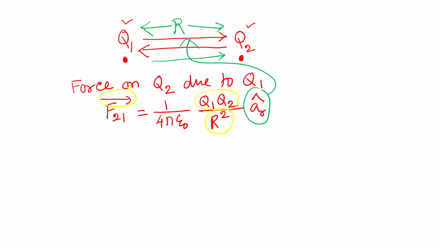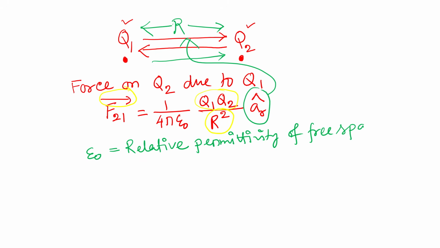Now we'll come to this term epsilon naught. It is a constant, called the permittivity of free space, and it has a value of 8.854 into 10 to the power minus 12 farad per meter.